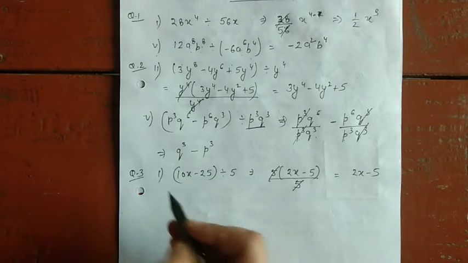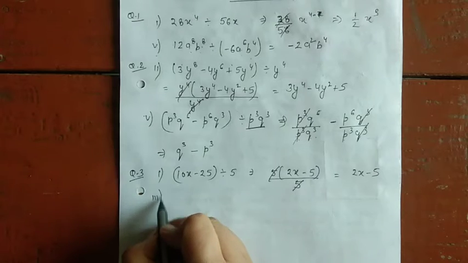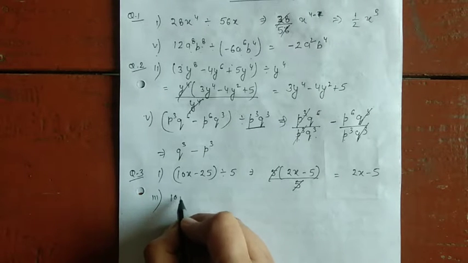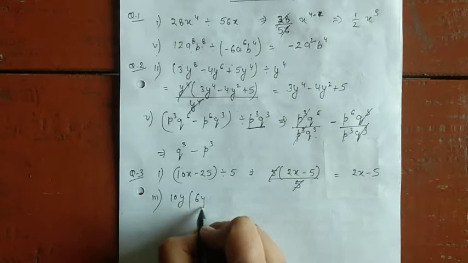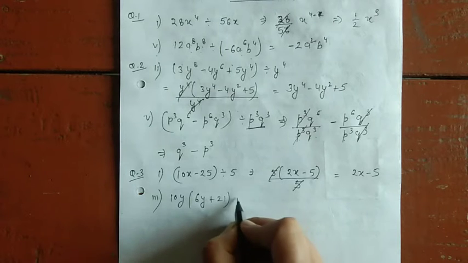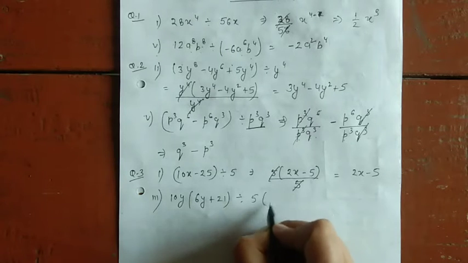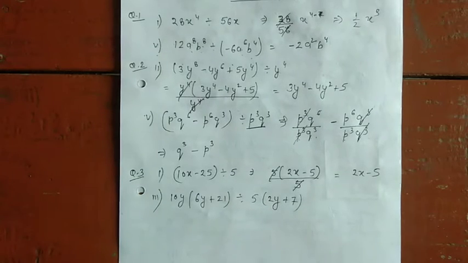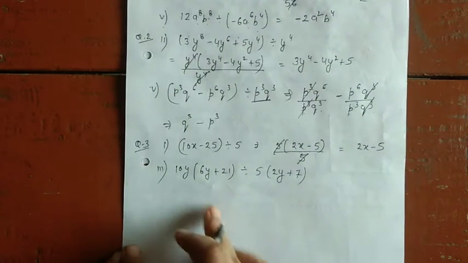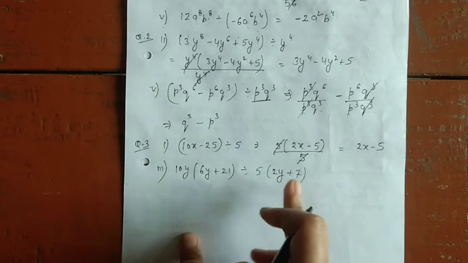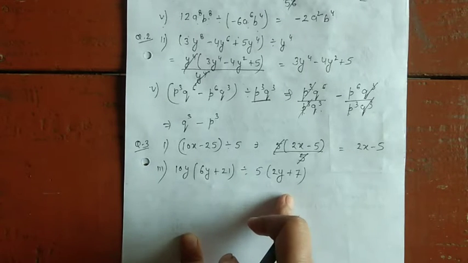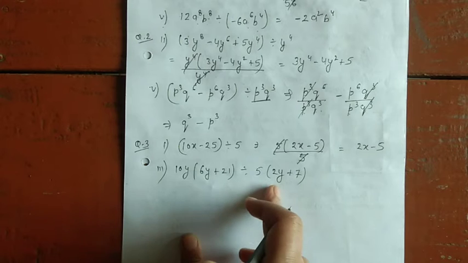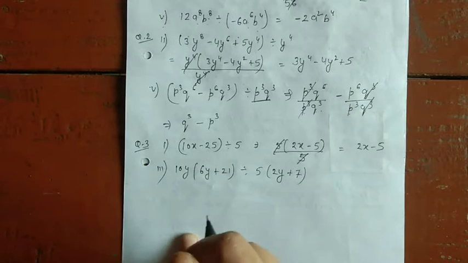Just see the third part of this question. It is 10y plus 21 and it needs to be divided by 5 (2y plus 7). Now I have to divide this type of question. Here also binomial, means more than one term, not a monomial. So we cannot simply put this as a denominator for each and every term.